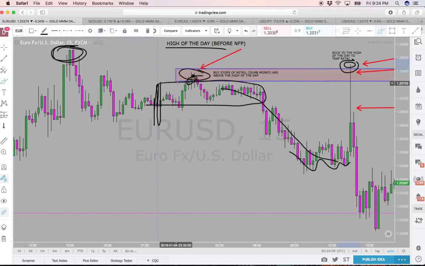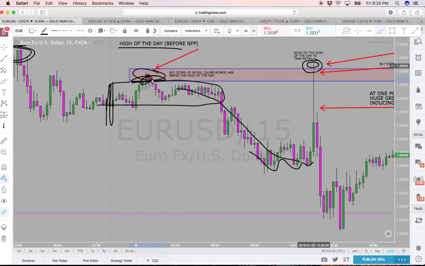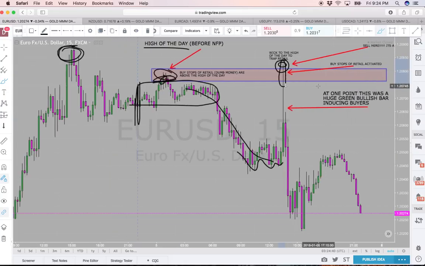The high of the day was made here in this consolidation Asian range. We know there are orders at this high. That green bullish bar induced all these retail traders into that buy. And then we can see the sell-off happened. They pulled a big wick here.